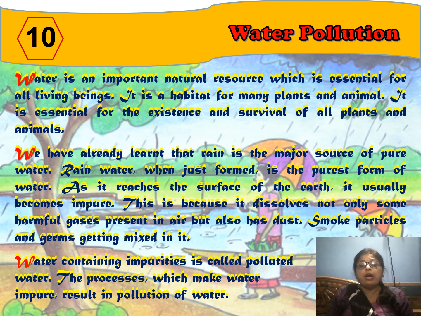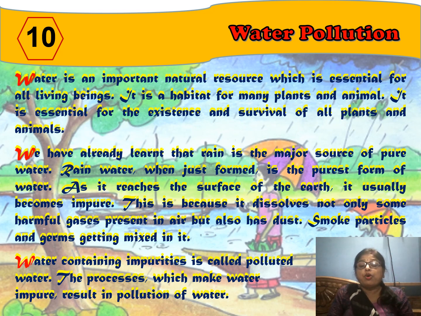We have already learned that rain is the major source of water. Rainwater, when just formed, is the purest form. As it reaches the surface of the earth, it usually becomes impure.